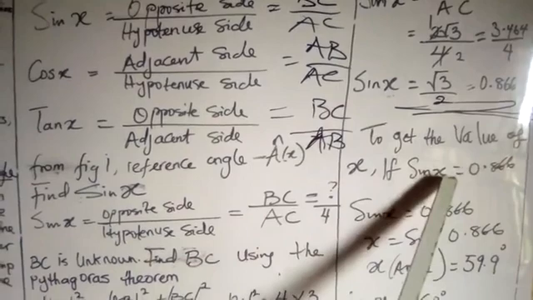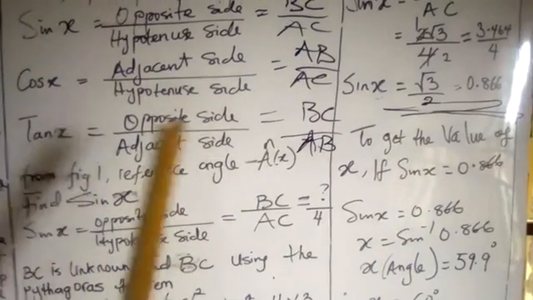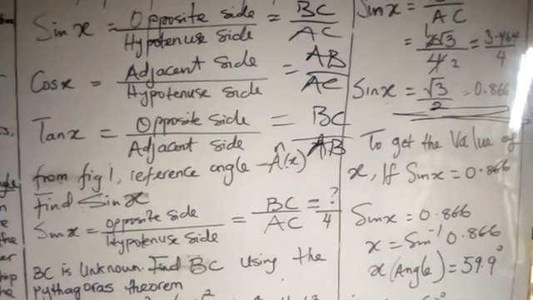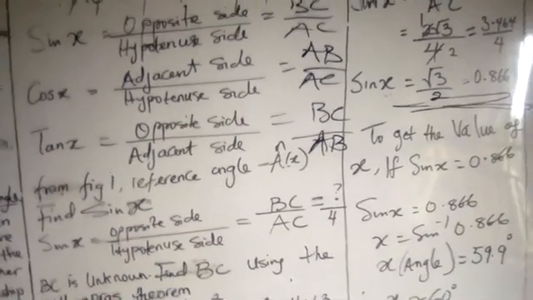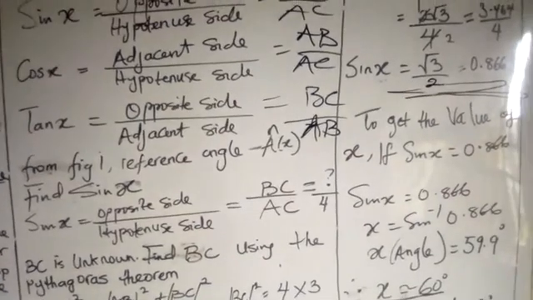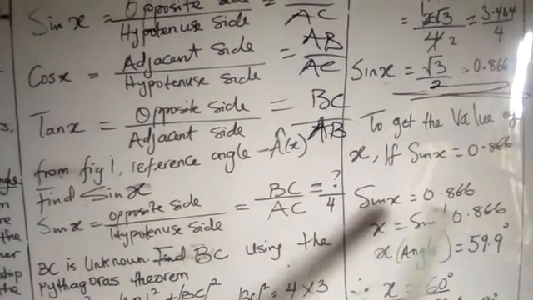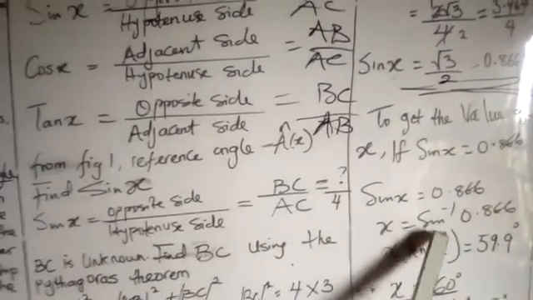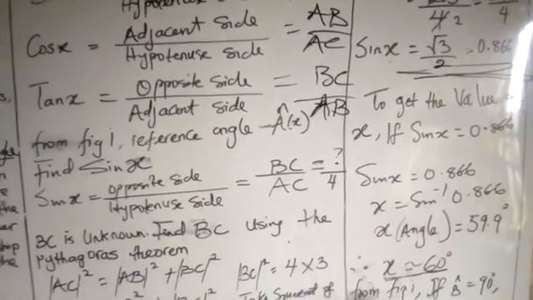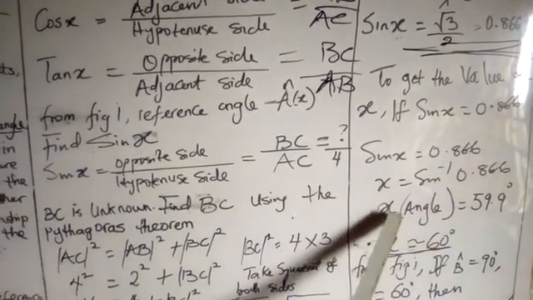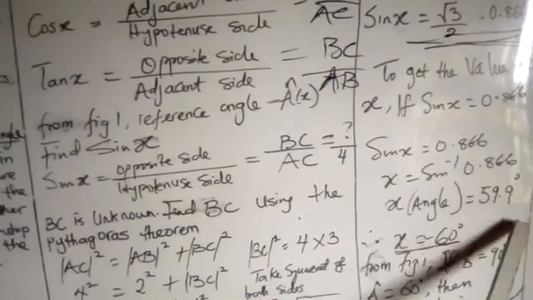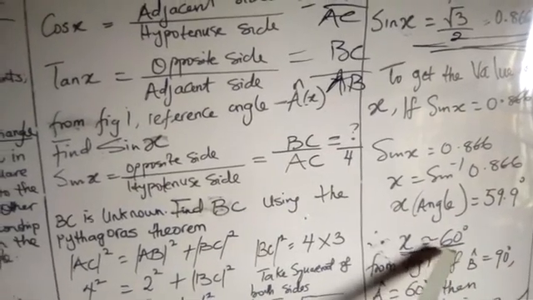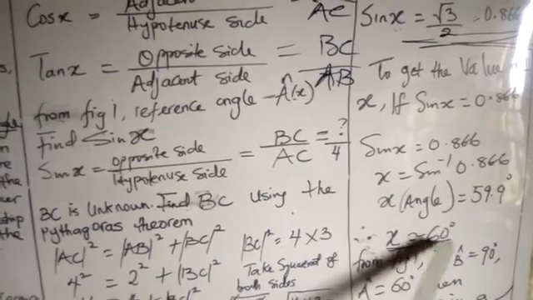Now if you want to get the value of x, don't forget we only got the value for sine x, but for you to get the value of x, which tells us the real angle, this angle x, then we have sine x is 0.866, then x will be sine inverse of 0.866. Then you have the value for x to be what? 59.9 degrees. Approximately the value of angle A is 60 degrees.